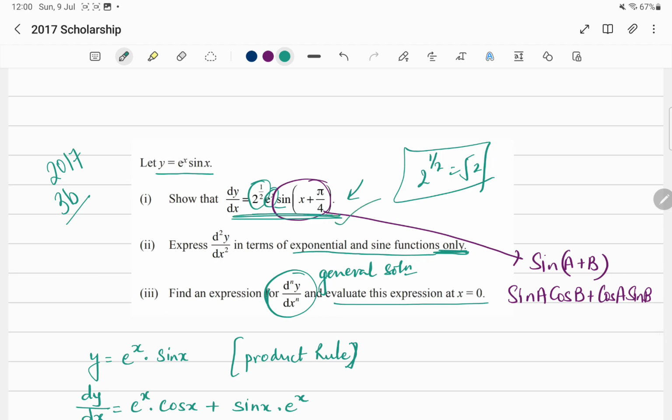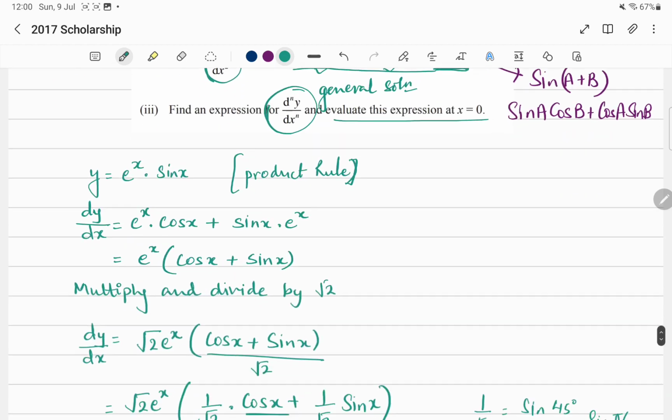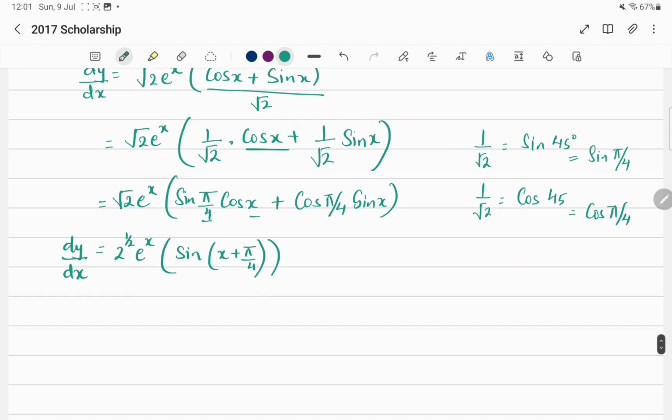So we've done that. The next one says express d2y over dx squared in terms of exponential and sine functions only, so there can't be any cos function there. We have the first derivative; let's differentiate it again. Here we will again use the product rule. We have 2 to the power half e to the power x.